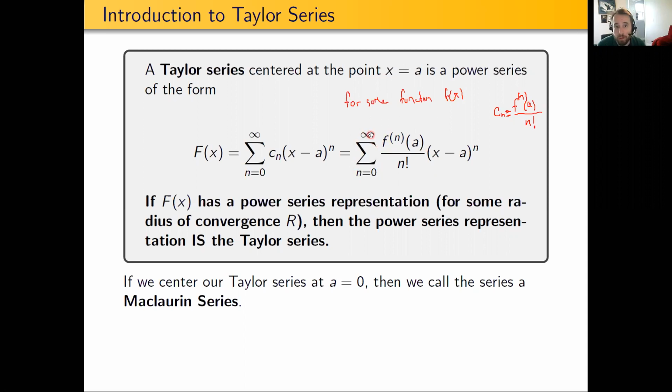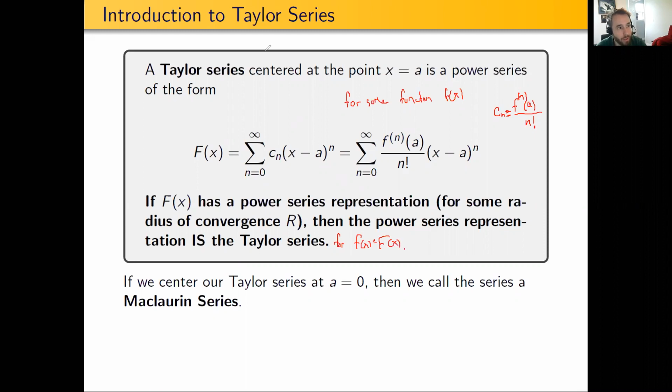Now, a really big idea is this, down here in bold. If our capital F has a power series representation for some radius of convergence, then the power series representation we get is the Taylor series for the function f of x equals capital F of x.